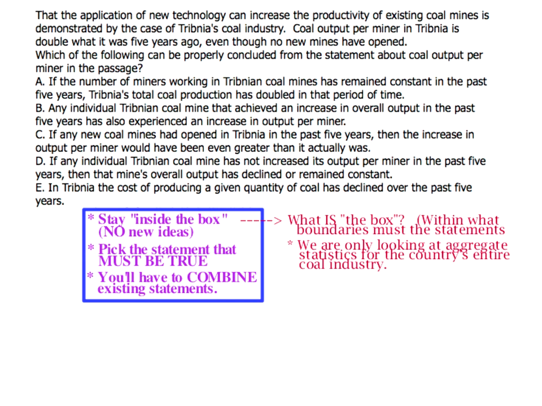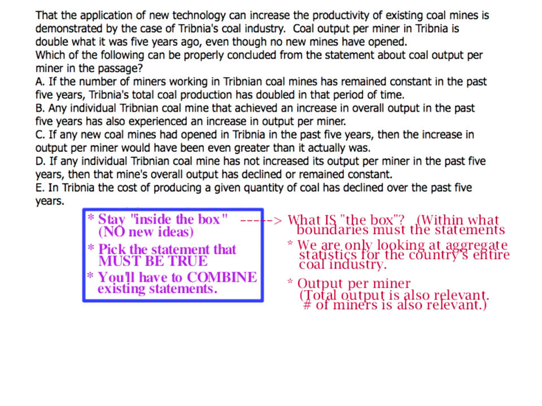And then what we're talking about is output per miner, which means that whenever you have output per miner, it means that total output is also relevant, and number of miners is also relevant.